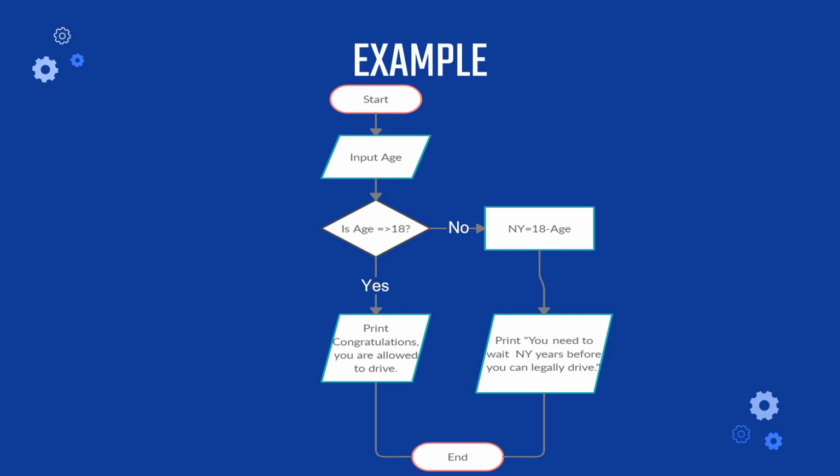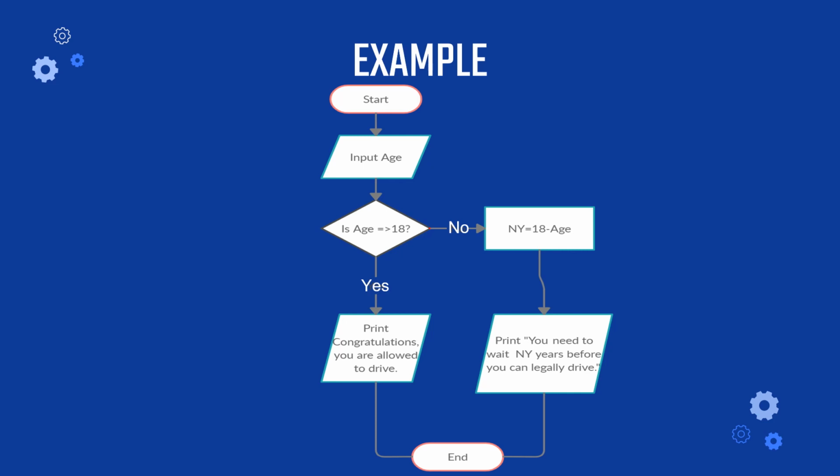Itong NY na to is stands for need year. Kaya NY yung nilagay ko po dyan. So, need year yung ibig sabihin yan. Need year is equals to 18, kasi 18 yung pwedeng mag-drive, 18 minus age.